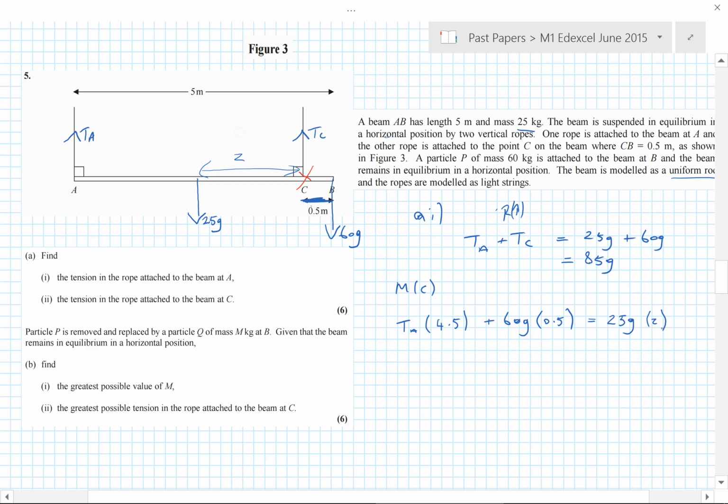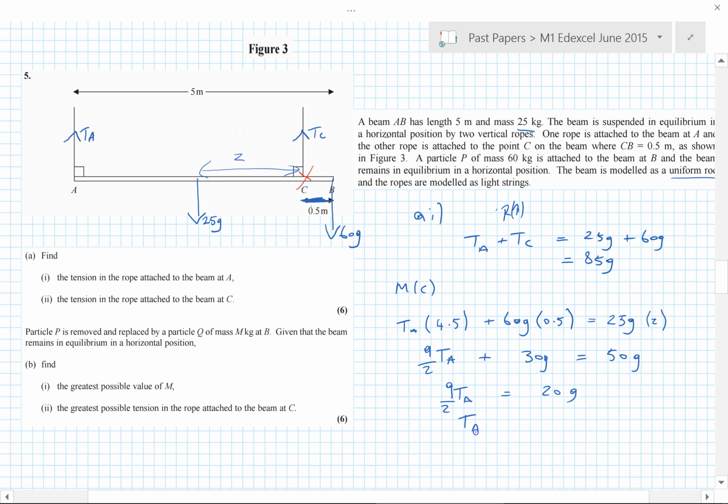Okay, so let's work with that a little bit. We have 9 over 2 times TA plus 30g equals 50g. So 9 over 2 times TA equals 20g.